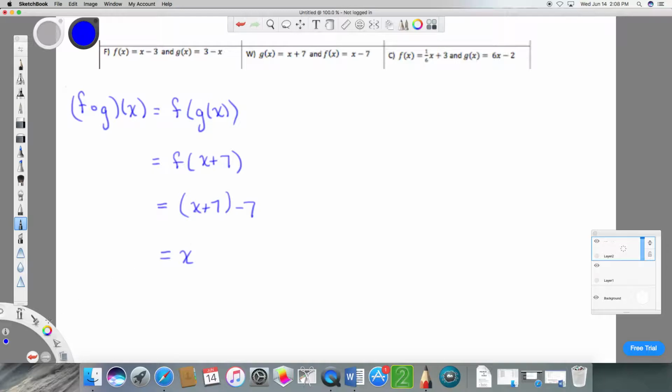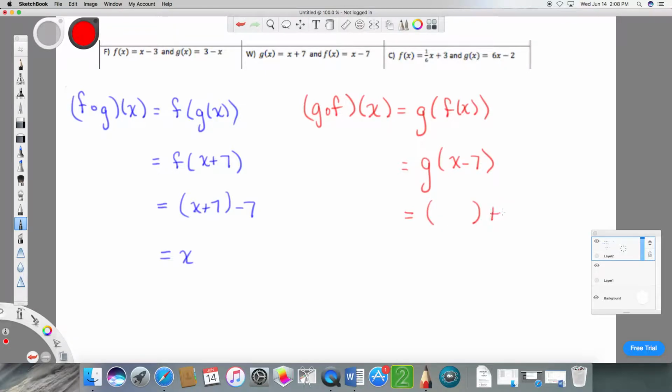Now, the definition says that we have to find both compositions. f is the input of g. f is this linear function x minus 7. g is the function that takes the input and adds 7 to it.